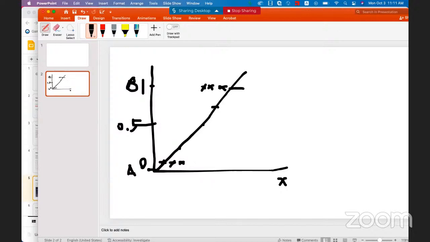The second problem is if I have more cases, some cases here and some here, then this line will not stay like this one. The best linear regression line would be like this, the one with the smallest distance to all the dots.